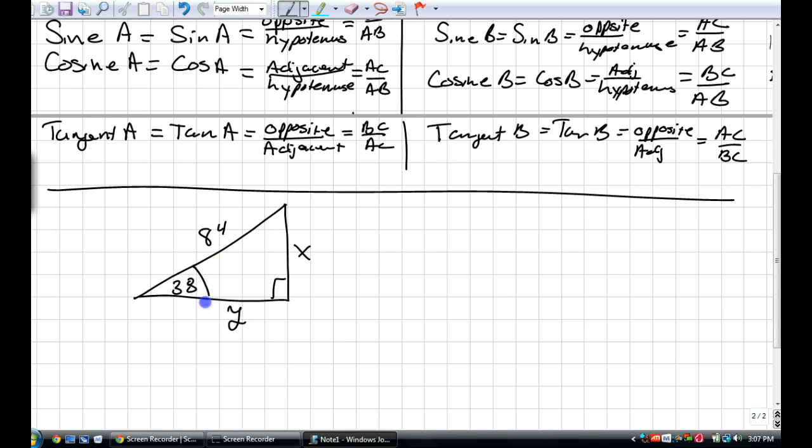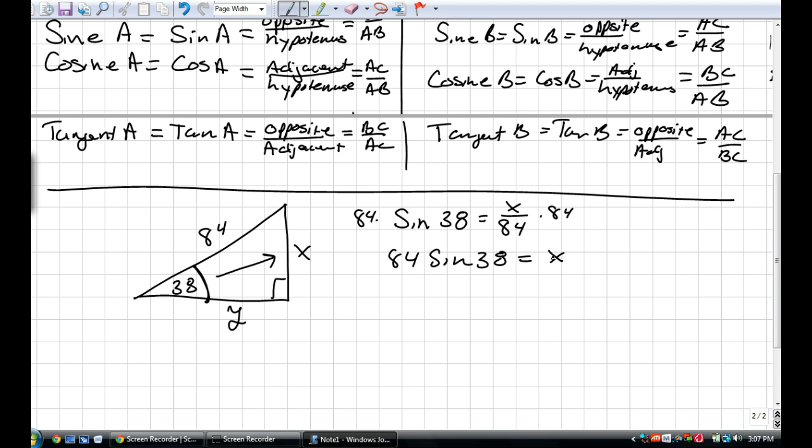In terms of this angle, this is opposite and this is hypotenuse. So which of the trig functions uses opposite and hypotenuse? It's sine. So I can do sine of 38 is equal to x over 84. Then to solve for x, I get 84 times the sine of 38 equals x.